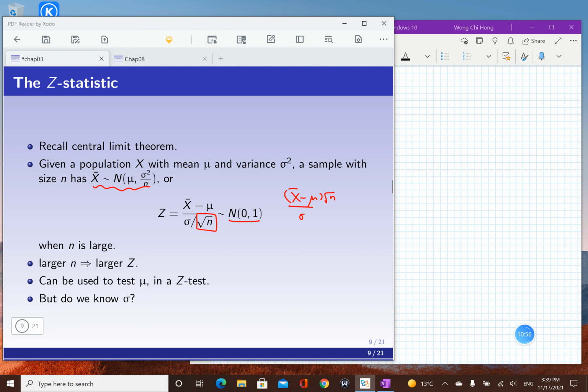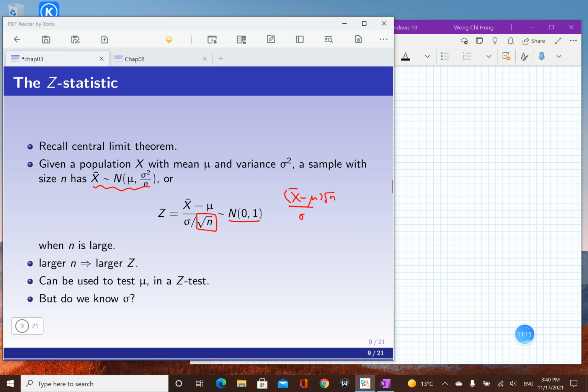If you understand the arithmetic of fractions on fractions, that square root of n is going on the top line. So if you have a larger value of n, you have a larger value of z. Remember, the larger value of these numbers means it is a less likely event.